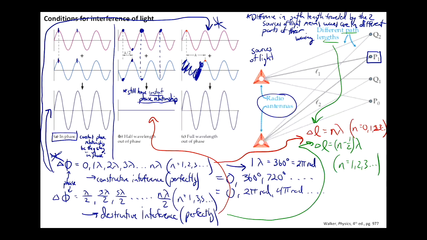Not necessarily. If they travel the exact same distance or an integer multiple, they'll be in exactly the same point. So I guess we should modify that just a little bit.